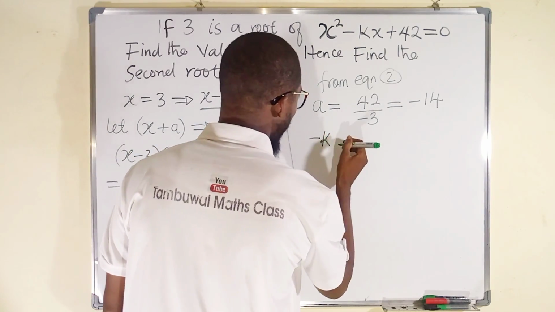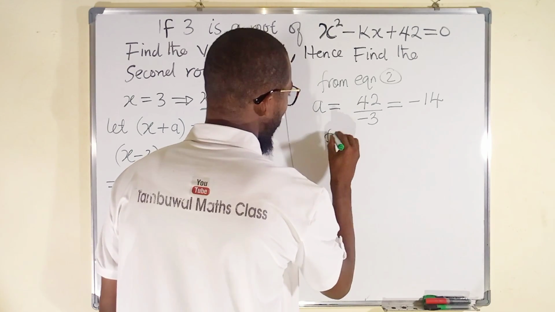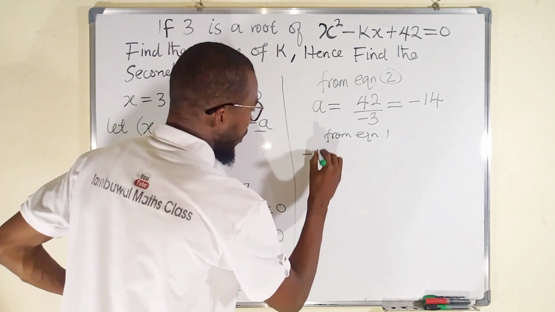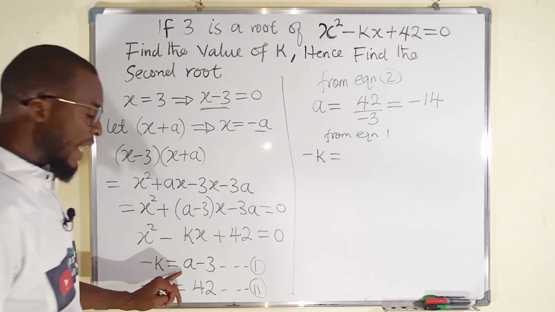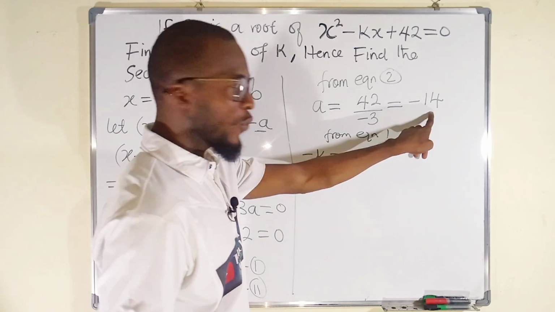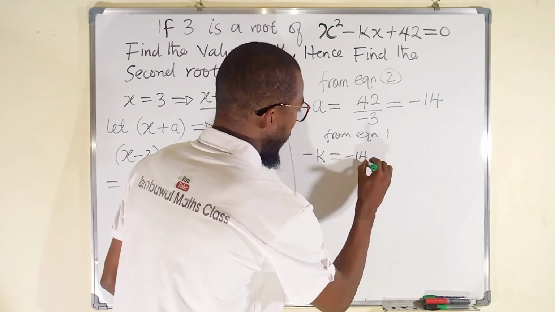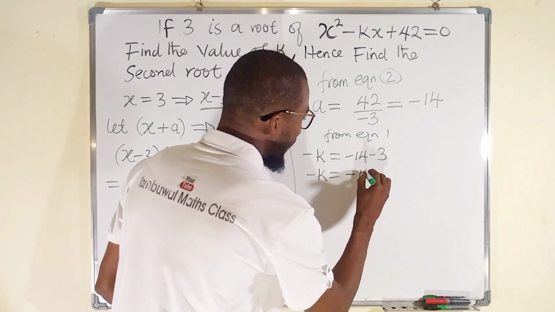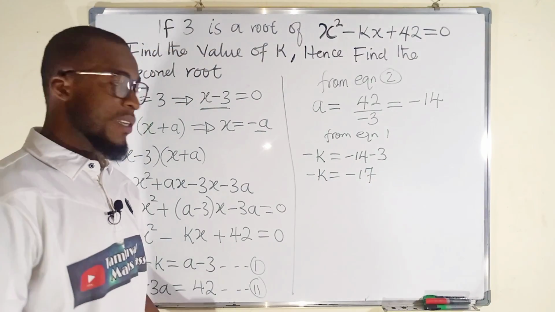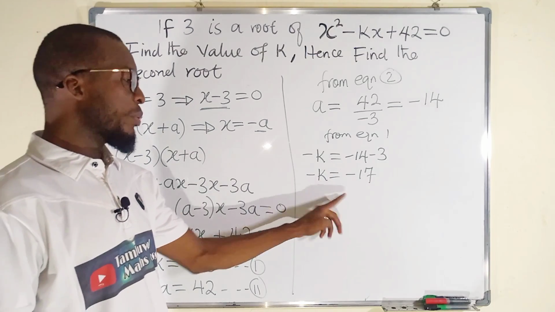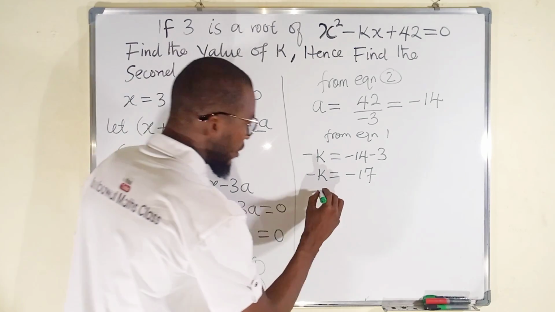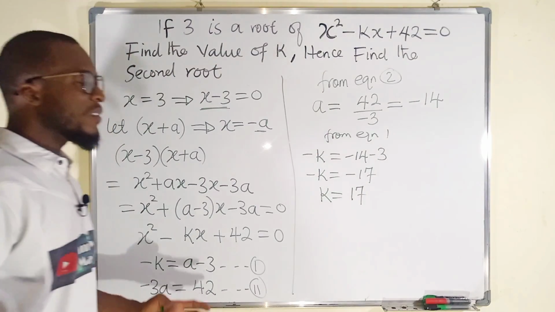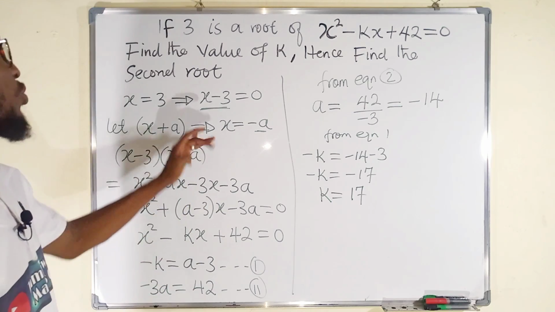From equation 1, negative k equals a minus 3, which is negative 14 minus 3, and negative k will be equal to negative 17, because negative 14 minus 3 is negative 17. Multiply both sides by the negative sign, and k will be equal to 17.